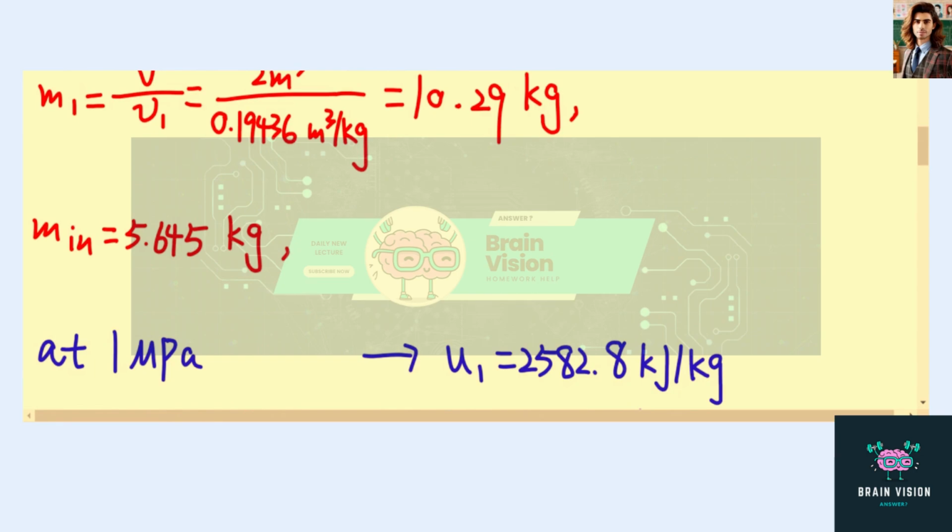And if you take a look at table A5, which is the saturated water pressure table, at 1 megapascal, the corresponding internal energy is 2582.8 kilojoules per kilogram, since it's saturated water vapor. So you need to look at the corresponding internal energy along the water vapor section.